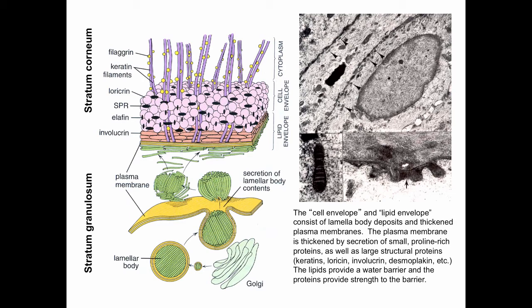The plasma membrane is thickened by secretion of small proline-rich proteins as well as large structural proteins. Some of these are keratins, loricrins, involucrins, desmoplakins, etc. You don't have to remember those. The important point is these lipids provide a water barrier and the proteins provide strength to that barrier.